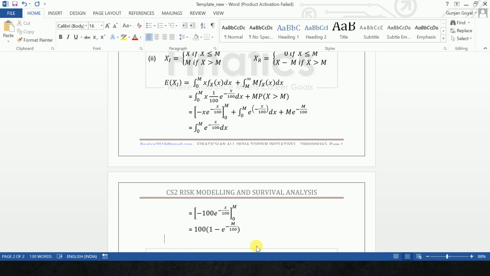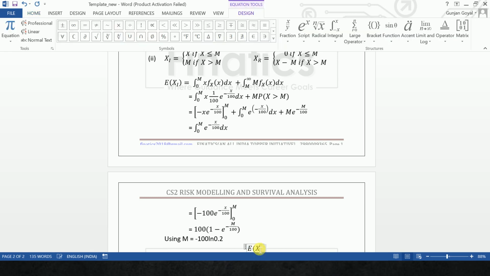Then if you put in M equal to minus 100 ln 0.2, which we got in the last step, we'll see that expectation of XI is equal to 100 into 1 minus e to the power of 100 ln 0.2 divided by 100.